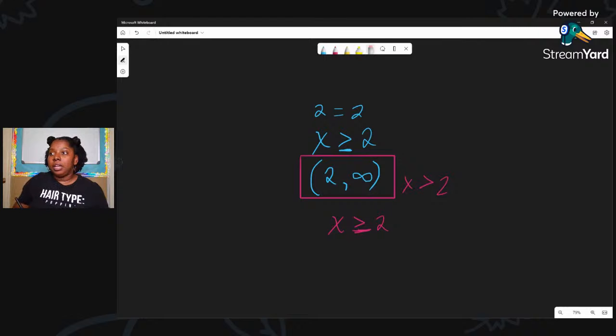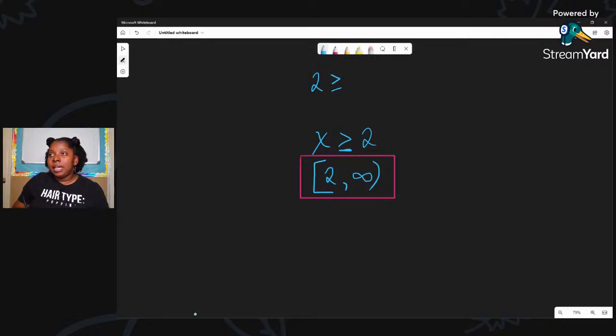Okay. So that 2, when x can be equal to 2, we're going to put a bracket right there. Okay. So when 2 is included, that means x can be 2.